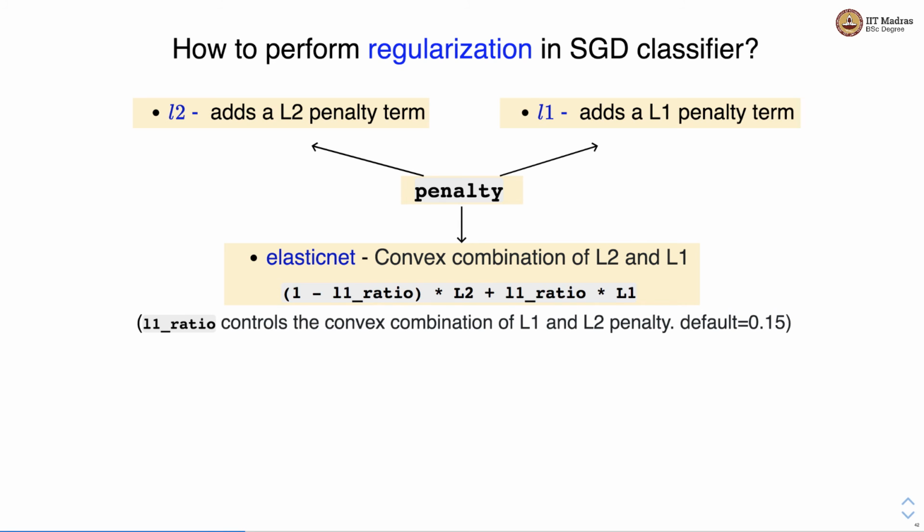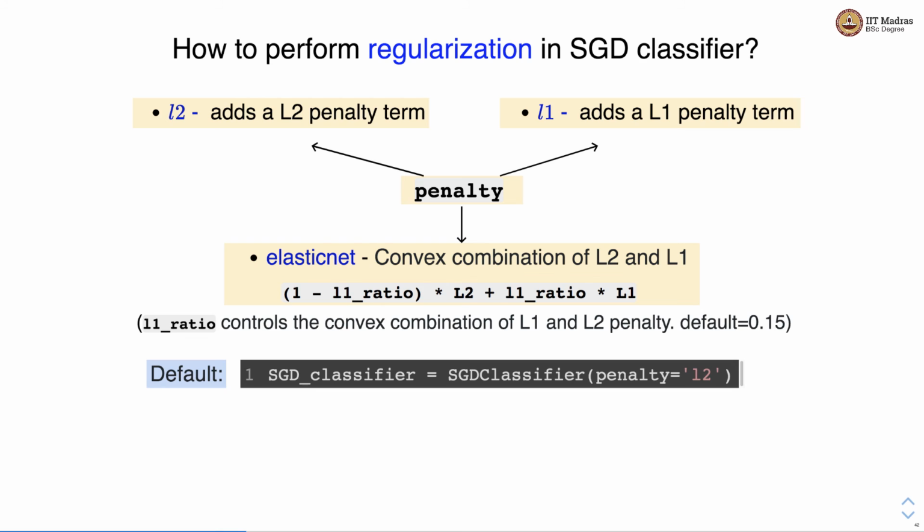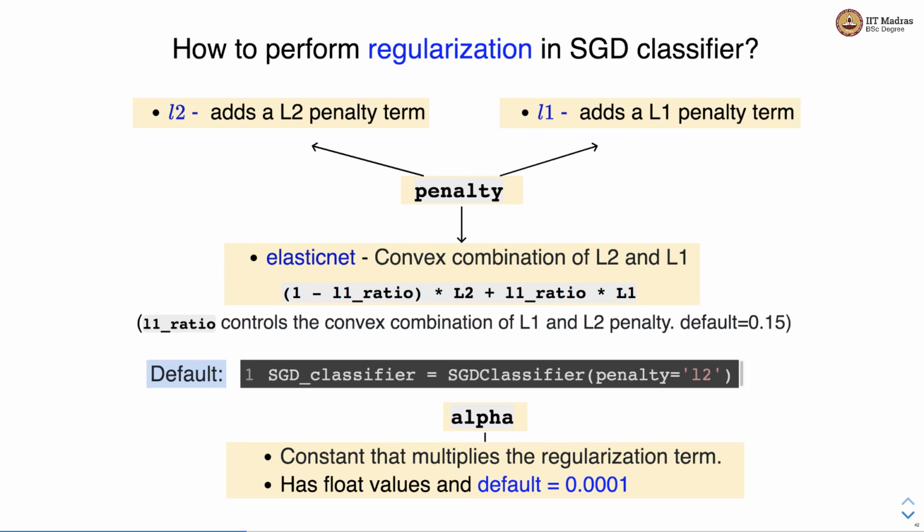The default value of L1 ratio is 0.15. So by default, SGD classifier uses L2 penalty. We can control the amount of penalty through parameter alpha. And alpha is a float value and the default is 10 raised to minus 4.